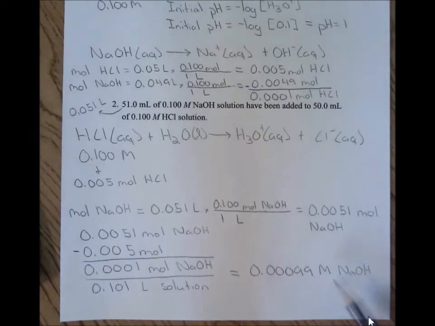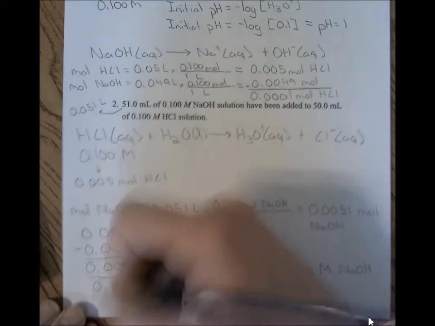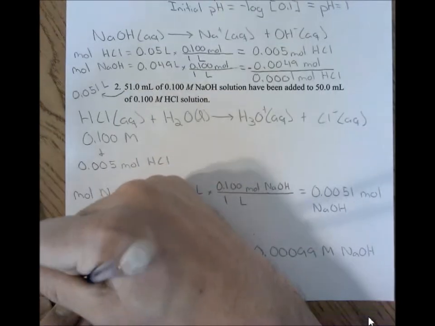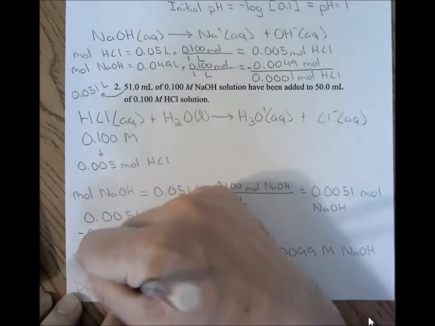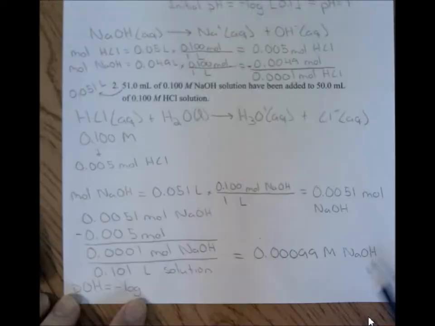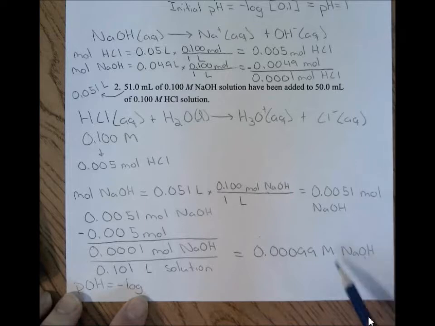Now, with a strong base, we can utilize the molarity to find not our pH, but our pOH. Our pOH is equal to the negative log of our hydroxide concentration, which is equivalent to our NaOH. So I'm going to plug this value, 0.00099, into our pOH equation.